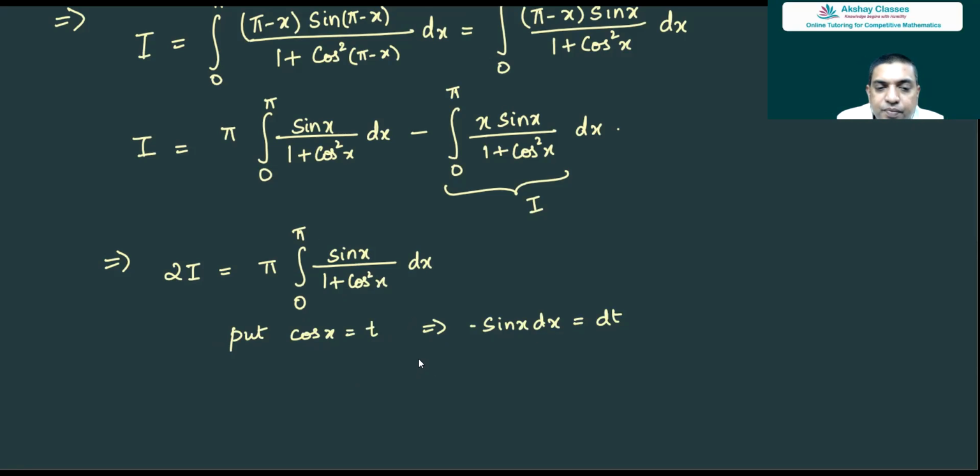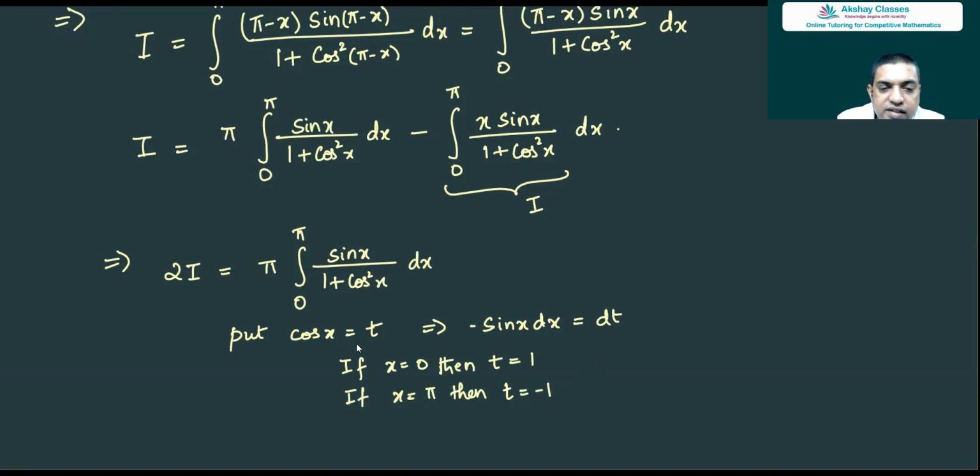Now, what happens to t when x changes? If x equal to 0, then t is equal to 1. And if x equal to pi, then t is equal to minus 1.